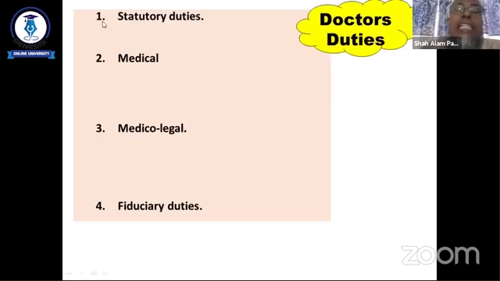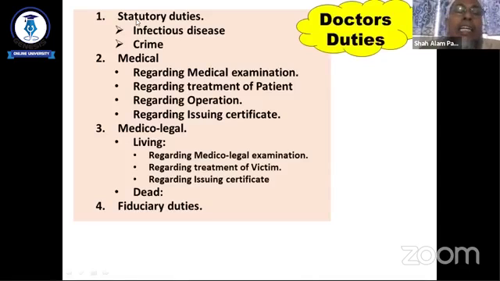Doctors have statutory duties. As a citizen of a country, you have this duty. This is the mandatory duty. If there is any infectious disease, or during treatment you find a person accused of or a victim of serious crime, you must inform the proper authority.